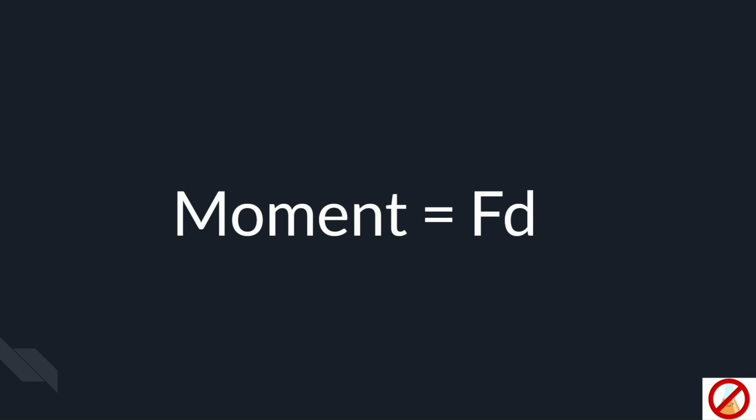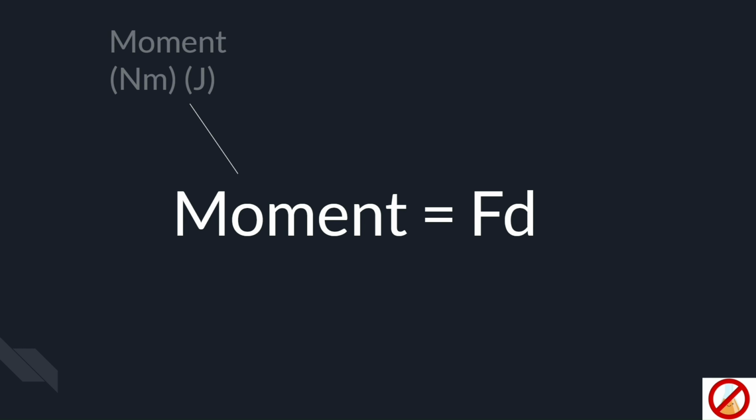When we talk about principle of moments, we must change this formula a little bit. It's still the same. We just have to change the wordings of it to fit this situation. So we'll change it to moment equals Fd, which is basically the same as the previous one, but we're changing work done to moment, and I'll tell you why later.